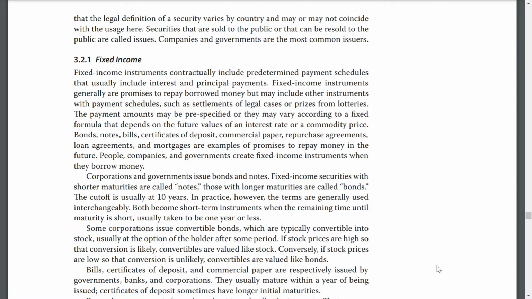The payment amounts may be pre-specified or may vary according to a fixed formula that depends on the future value of an interest rate or a commodity price. Bonds, notes, bills, certificates of deposit, commercial papers, repurchase agreements, loan agreements, and mortgages are examples of promises to repay money. People, companies, and governments create fixed income instruments when they borrow money.